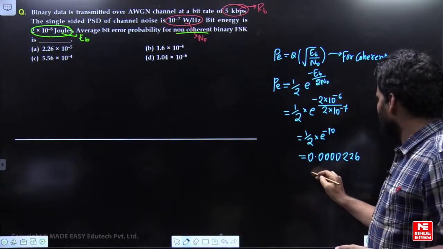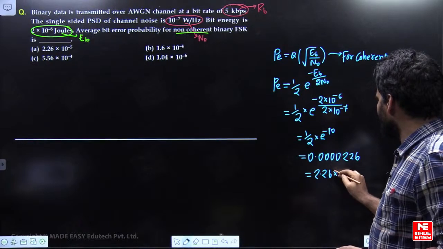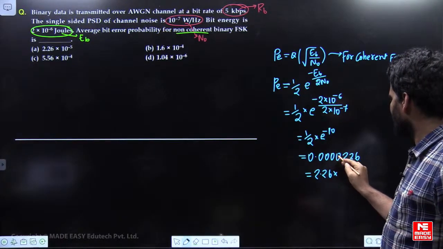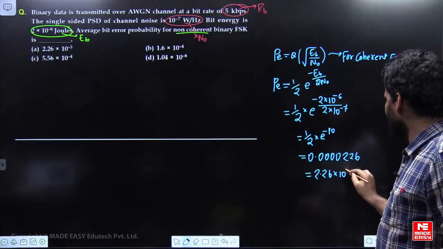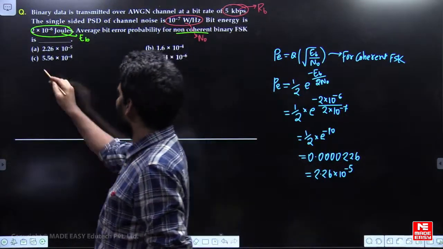To match with the given options, you can write this as 2.26 into 10 power minus 5. So option A is correct here.